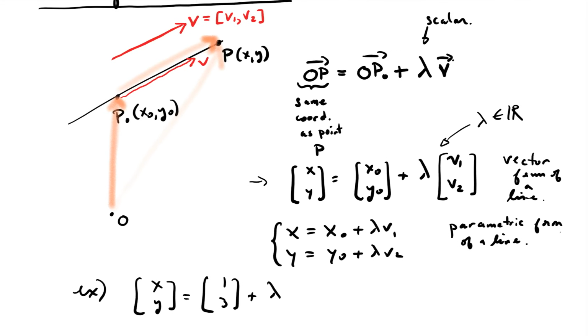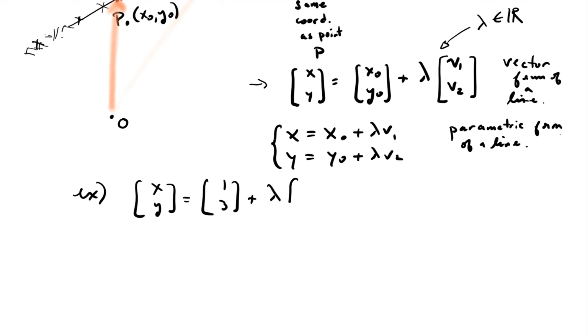If lambda is positive, you're going to end up with points that are here on the line, because you're going in the direction of V. If your lambda is negative, you're going to end up with these points because you're going to be moving opposite to the direction of V, because you have a negative multiple of V. So let's say minus V will take you here, for example, minus a half of V will take you there. So this would be a line passing through (1, 3) and parallel to (4, -5).